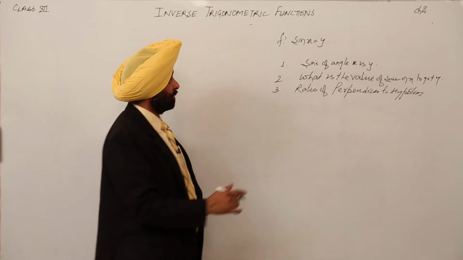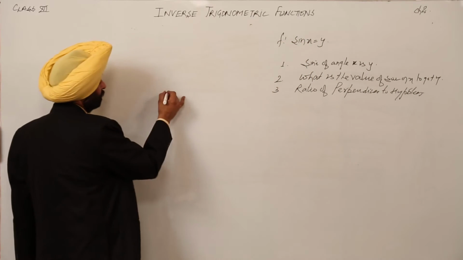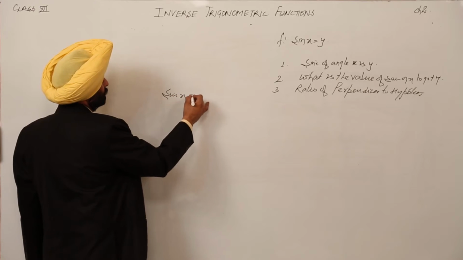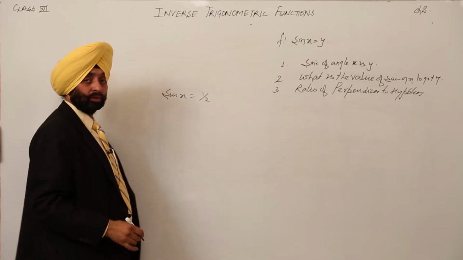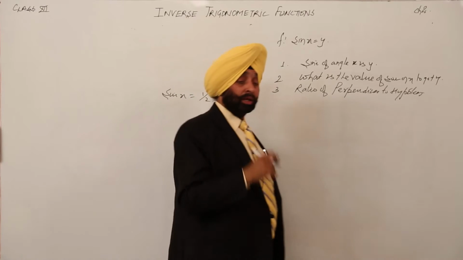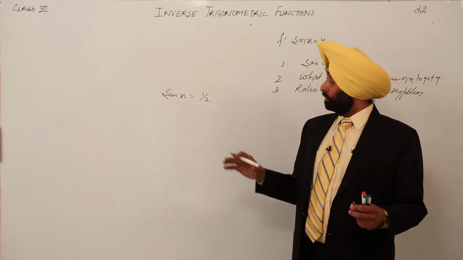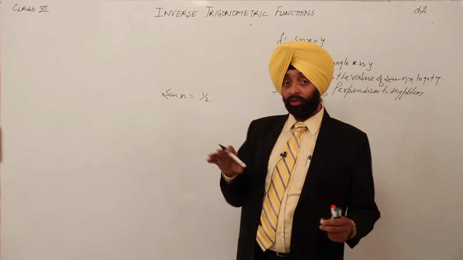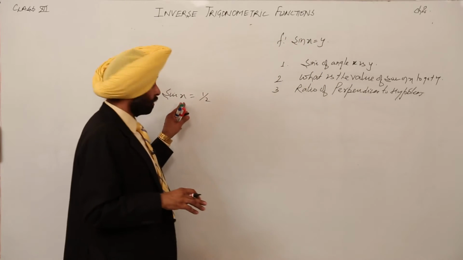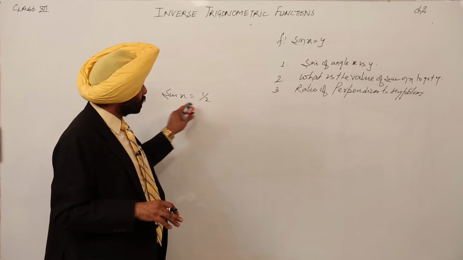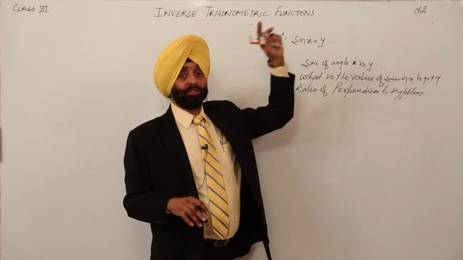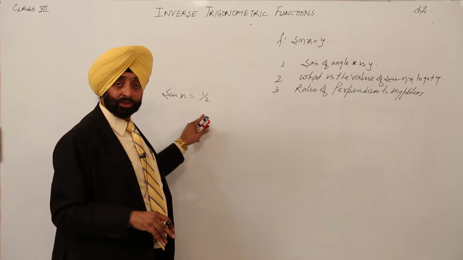Now suppose we are taking sin x is equal to 1 by 2. Now we want the value of x so that sine of angle x is y. Now sine of angle x is equal to half.